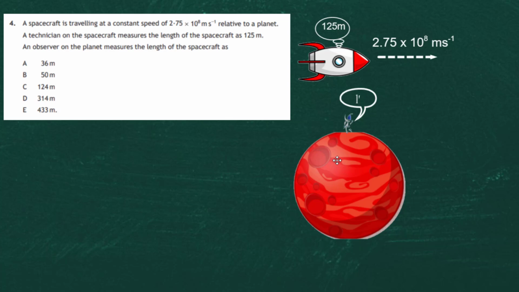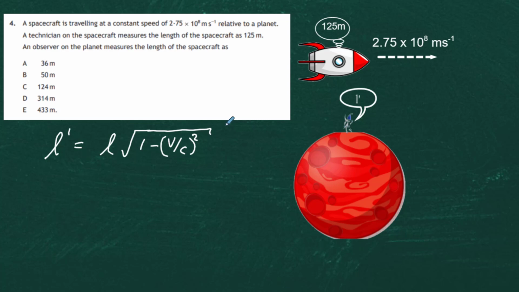So look up your data sheets for your Higher, and you'll find this equation there. The relativistic length of the spacecraft is going to equal the proper length multiplied by the square root of 1 minus v divided by c all squared, and remember that's going to be the complete square root.